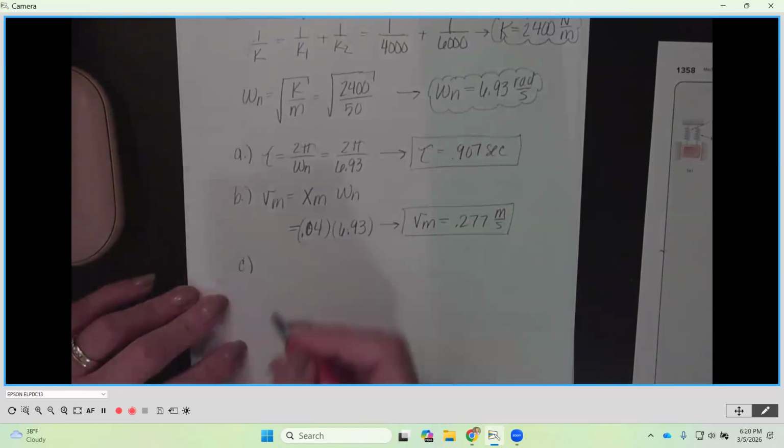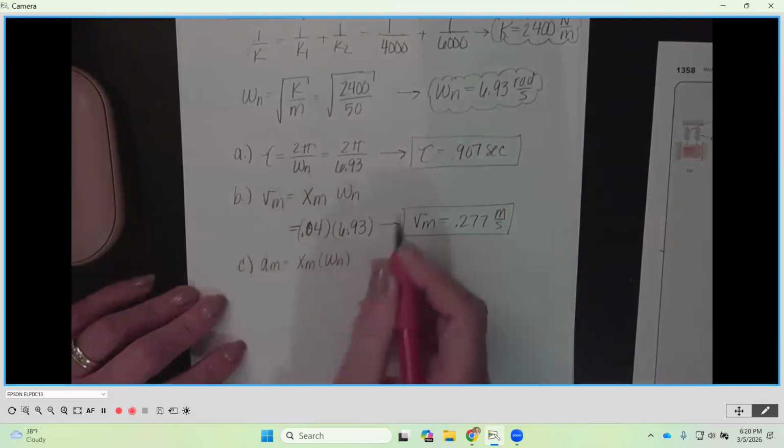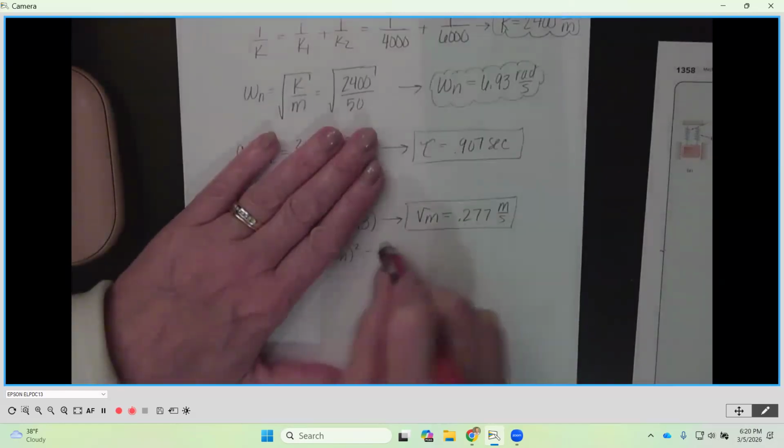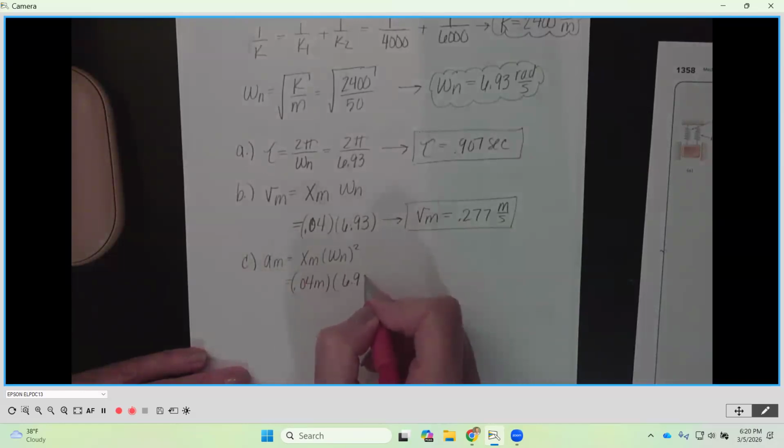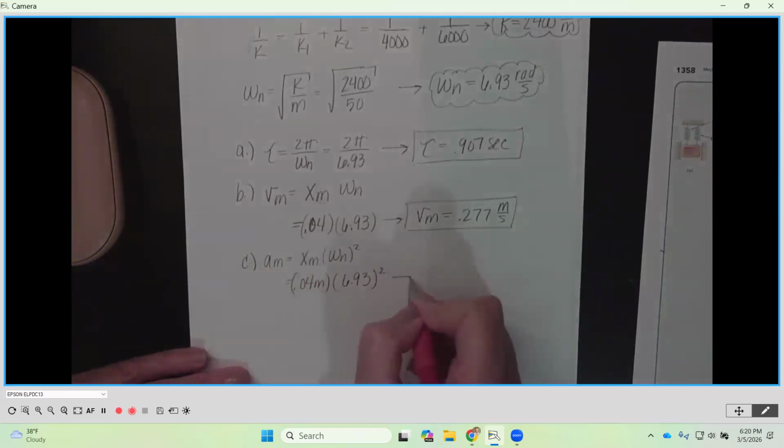Okay. All right. And then our max acceleration is going to be that same amplitude, but this time we're going to take our natural circular frequency and we're going to square it. Okay, oopsie. And make sure you use the 6.93 and square that.